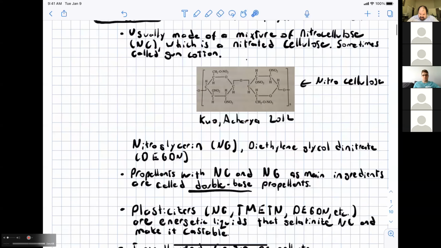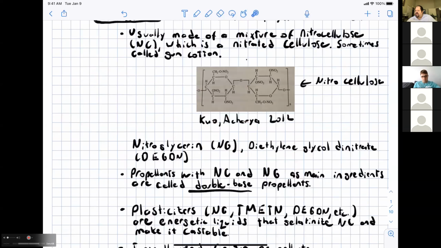So what happens is that they mix this gun cotton with some other ingredients. The most common one is actually nitroglycerin. Yes, it's the nasty stuff. And there are a lot of other ones like diethylene glycol dinitrate, or DEGDN is a common one.